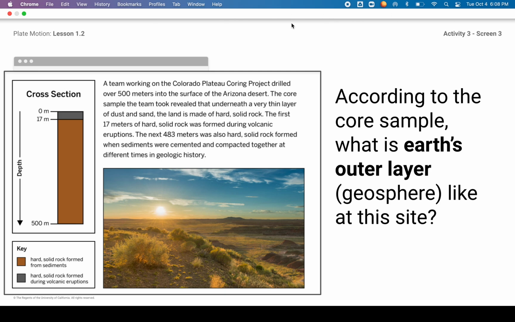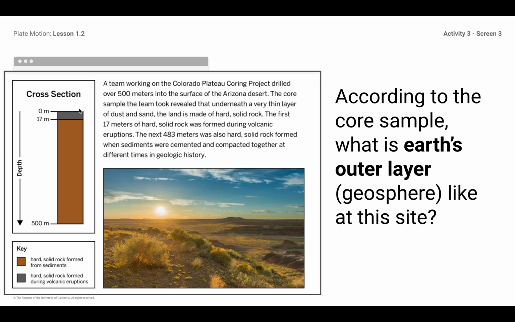But if you look at the cross section, it shows from 0 meters to 17 meters that it's hard, solid rock formed during volcanic eruptions. In other words, this is lava. This is hard, solid rock that's lava. And then underneath that, from 17 meters to 500 meters is hard, solid rock formed from sediments. Cool. So when I say what is Earth's outer layer or the geosphere like at this site, we can say that it is made of hard, solid rock.